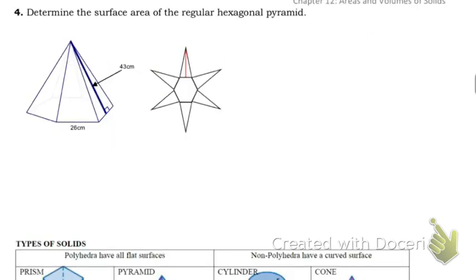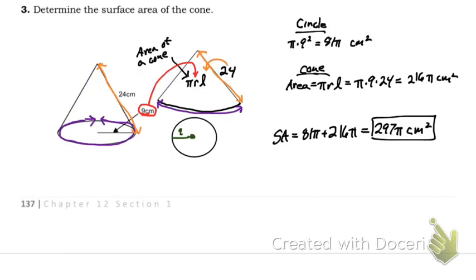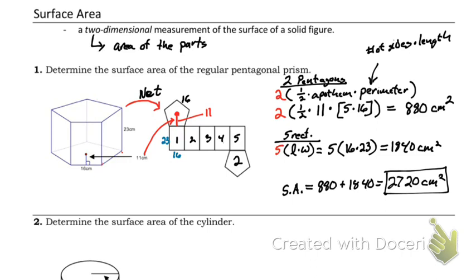Last big example is determine the surface area of a regular hexagonal pyramid. Now, the difference between a pyramid and, let's go back to our prism. A prism has that polygon on the bottom, and it also has a polygon, same size, same shape, on top.